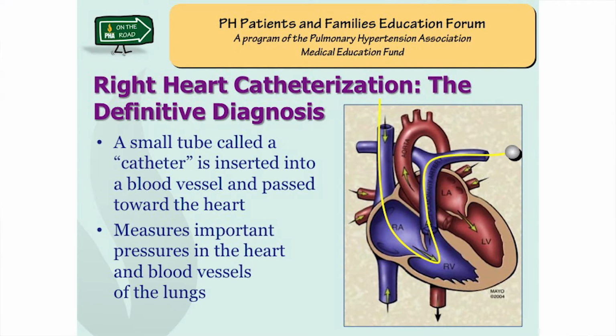In addition, we get pulmonary function testing to look for lung tissue disease, and we also get a thing called a ventilation perfusion scan that looks for lung clots. The final way that we ultimately diagnose pulmonary hypertension is by doing a right heart catheterization.